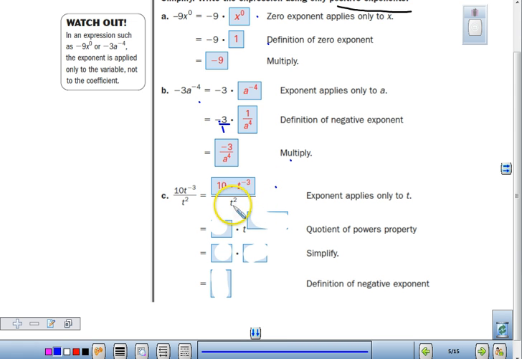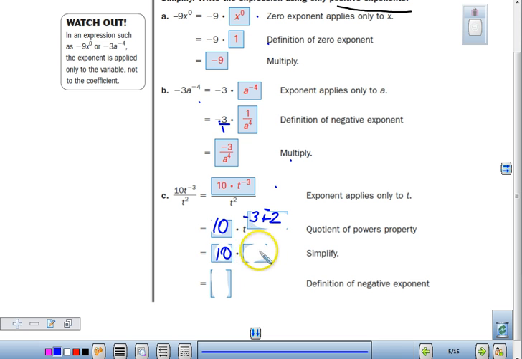Now remember, when we have division, we're going to put this as 10 times t, and now we're going to subtract our exponents. So we're going to put negative 3 minus 2. Make sure those are exponents. Some of you might want to rewrite that as plus a negative 2, always changing our subtraction.